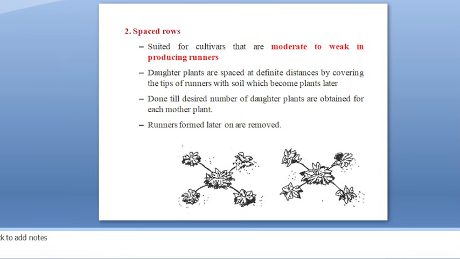Whatever excess runners are formed, we can remove in the later stages of growth. In places where the plant produces weak planting material or weak suckers, we can recommend this.